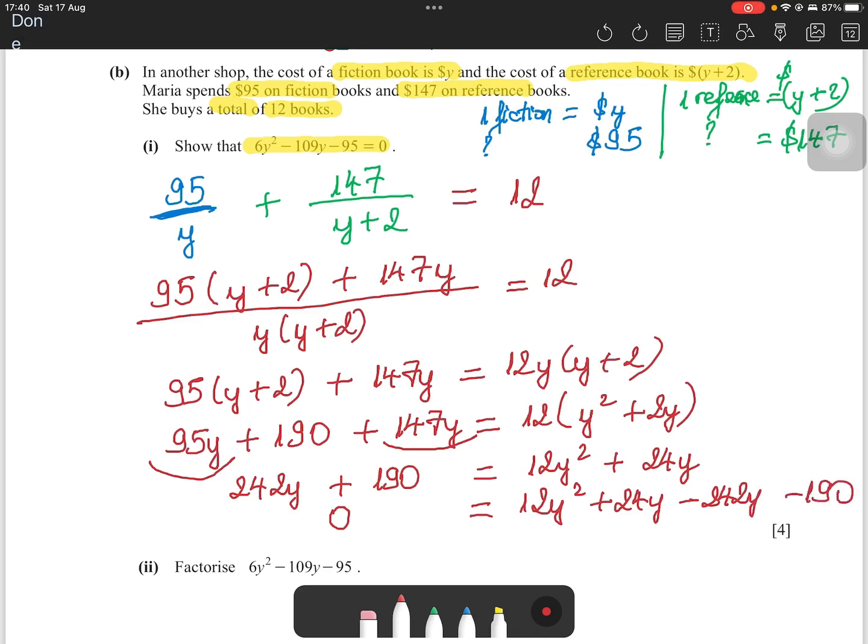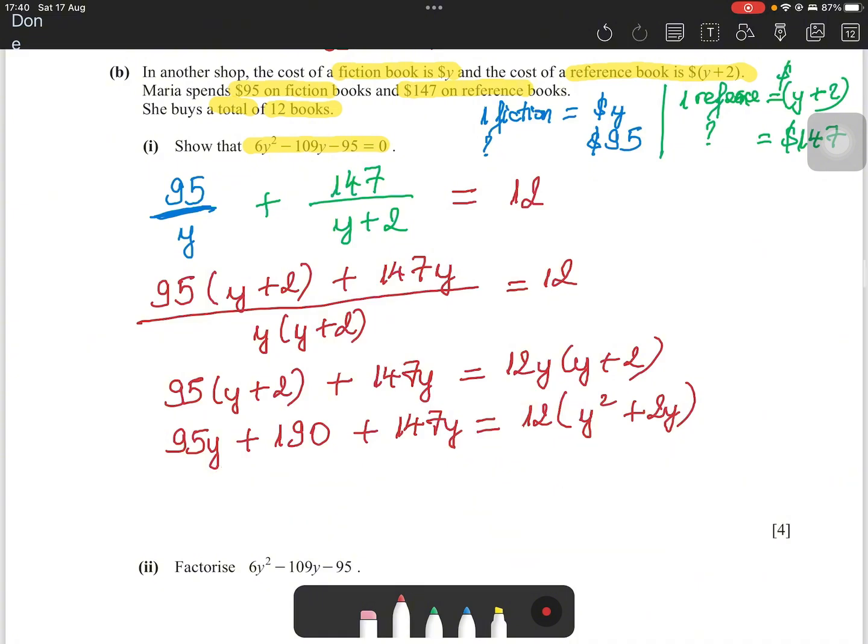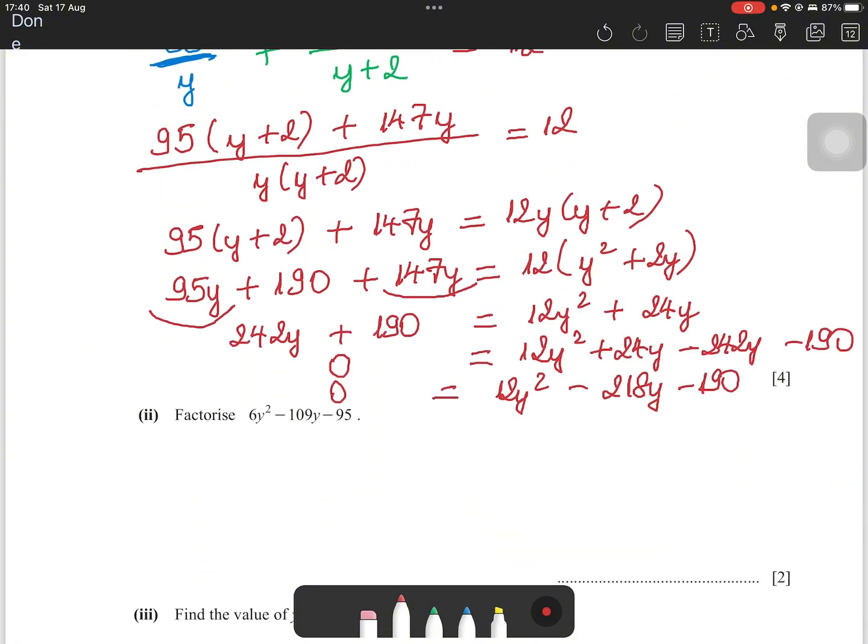So the equation becomes 12Y squared, 24Y minus 242Y is equal to minus 218Y minus 190. Now we can simplify this by dividing both sides by 2. So it is 6Y squared minus 109Y minus 95 equals 0. So that's it for the first question.